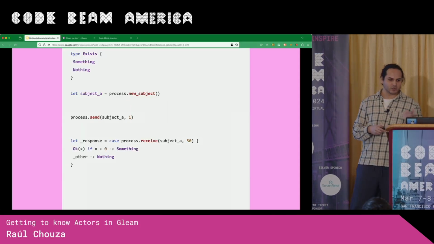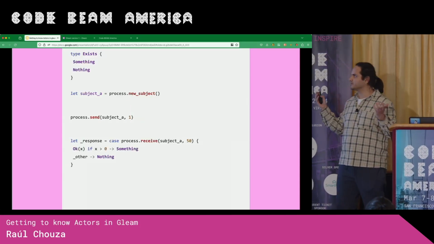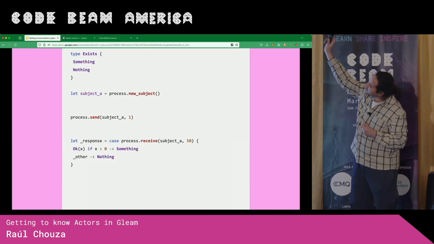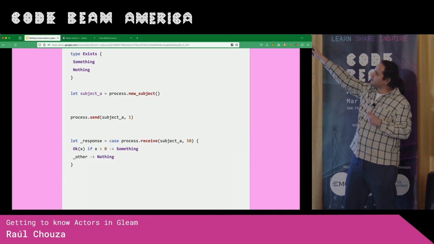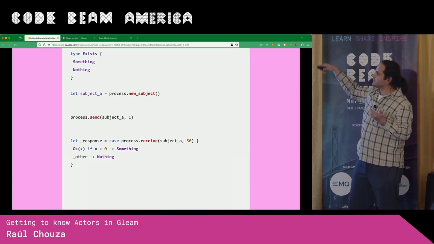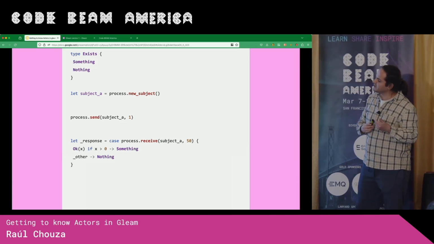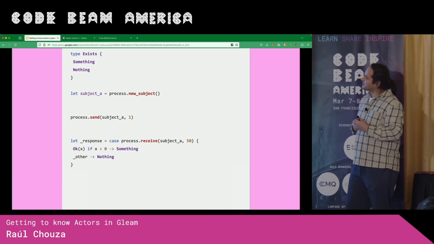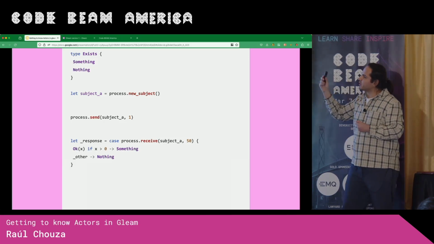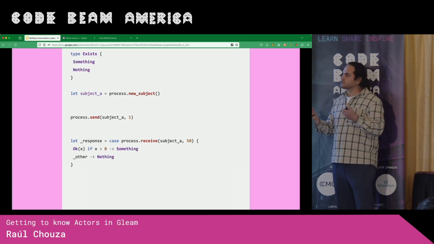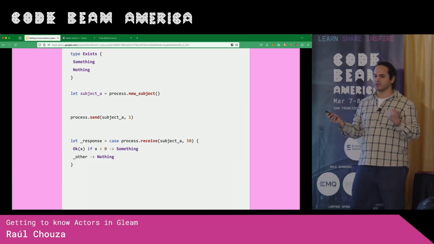And this is more or less what a program that uses the subject looks like. I'm going to go very quickly with this. The type at the top is just a custom type that I defined. It's called exists, and it has two constructors, something or nothing. So it can have two values. Then I'm using a function called process.newSubject. This is very similar to the function self in Elixir, which returns a PID.